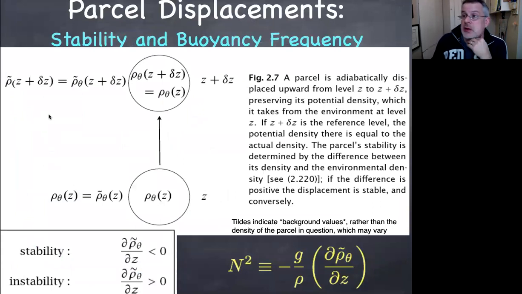Okay, so let's think a little bit about what happens if you displace a parcel of water in the vertical. And this is precisely because we want to think about that compression and expansion piece.